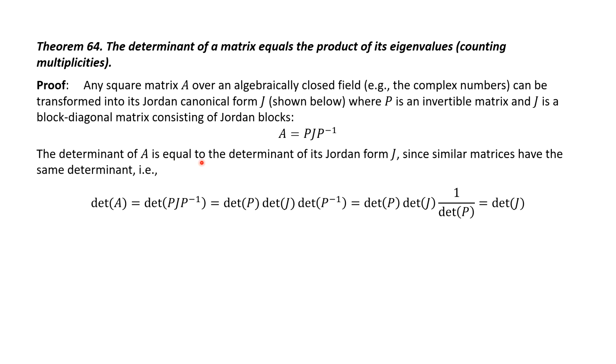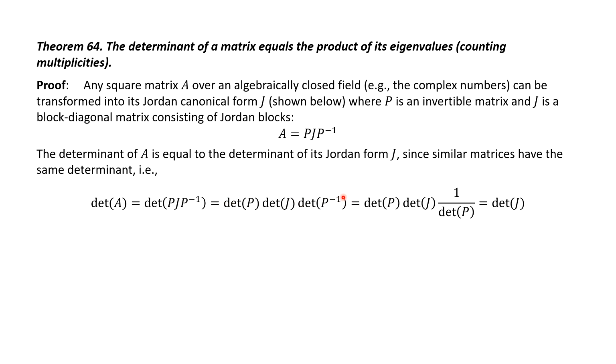The determinant of A is equal to the determinant of its Jordan form J. Since similar matrices have the same determinant, we can expand that out here. Determinant A equals determinant of P J P inverse. Then the determinant of a product equals the product of the determinants.